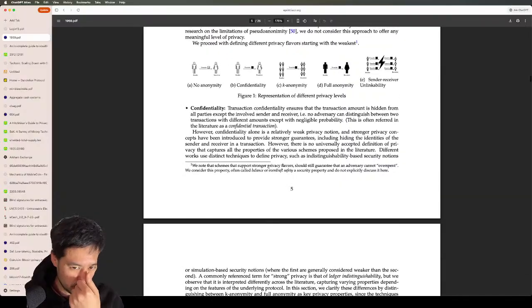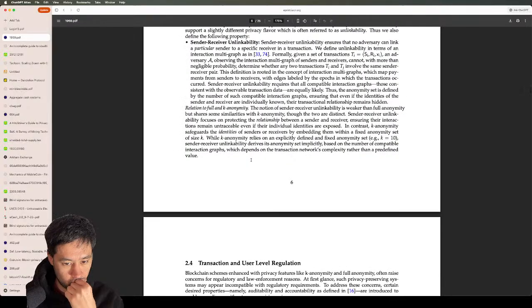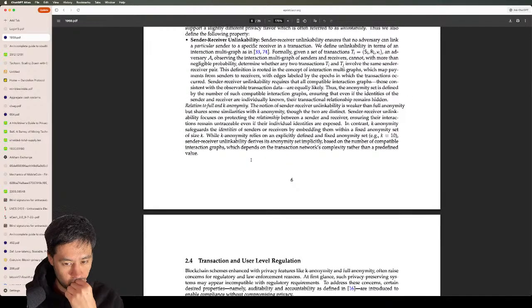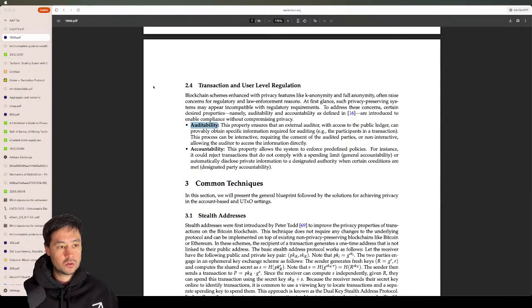So unlinkability, I think that's interesting. Auditability, maybe that's something I should mention.